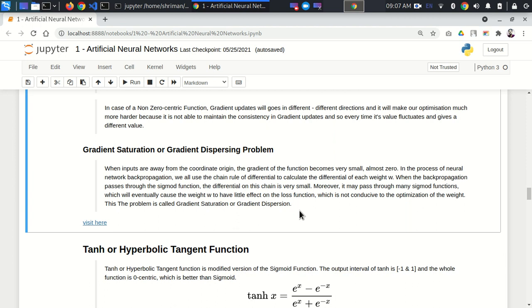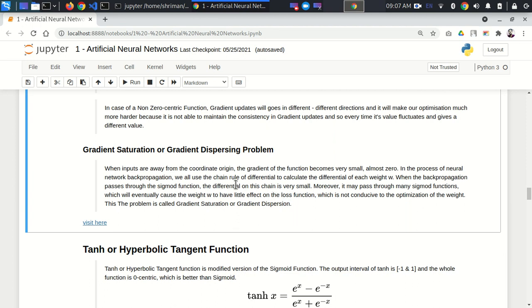In that case there may be a gradient saturation problem, because whenever we do backpropagation, we multiply each and every product. So if your gradients have a very high number, you will not be able to calculate a very smooth change in your parameters, and this will create a problem, and you will not be able to do any learning in the right way.